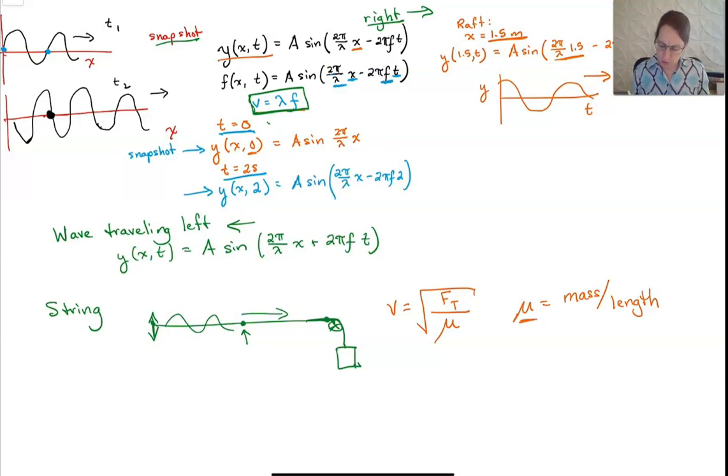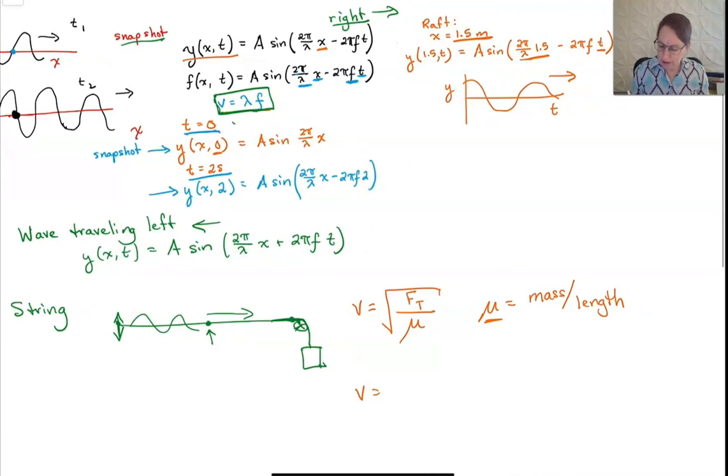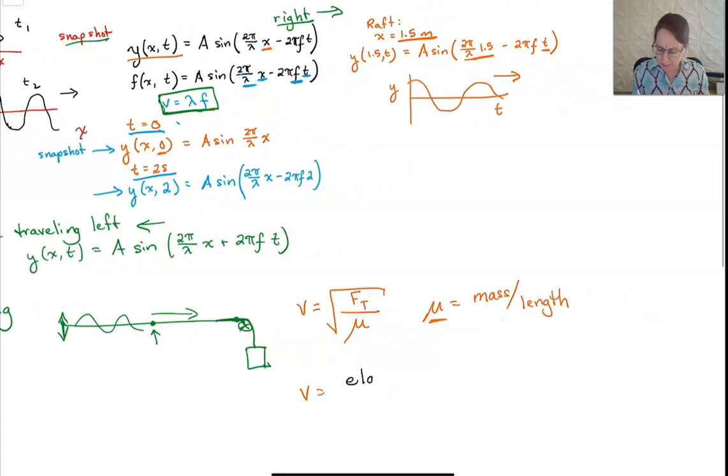In general, wave speeds are given by something that we can write like elasticity over sort of an inertia effect.